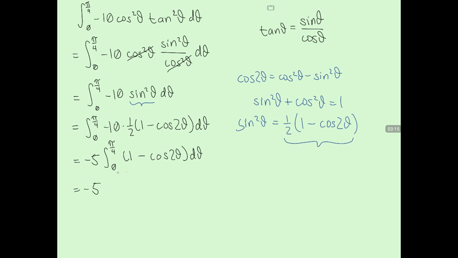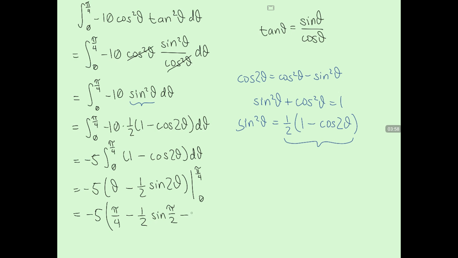So if we compute the antiderivative of this, we get theta minus 1/2 sine 2 theta. And this is evaluated at pi over 4 and 0. So right now we can plug these values into our antiderivative, and what we are going to get, if we plug in pi over 4 for theta, is pi over 4 minus 1/2 of sine 2 times pi over 4, so that's just going to be sine pi over 2.